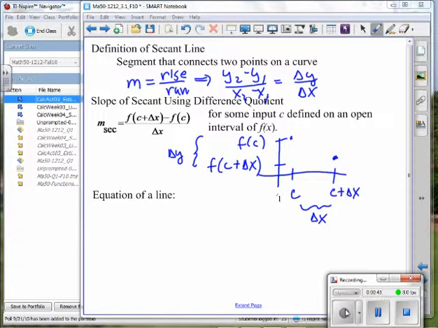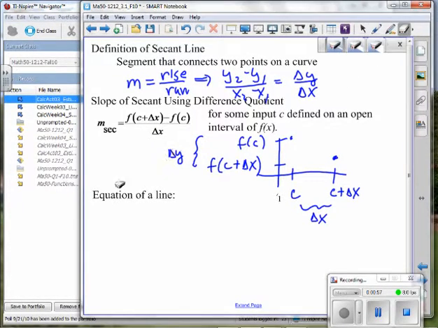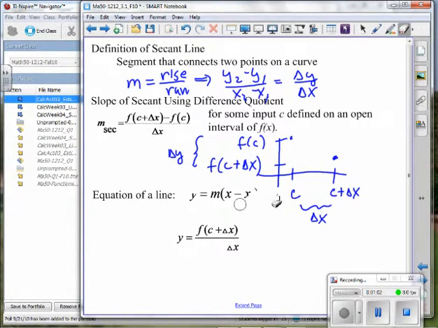Now, let me get my magic eraser here, and let's see. In fact, I should just ask you, if I use this as my slope, what would my line look like? Okay, let's see what we got here.